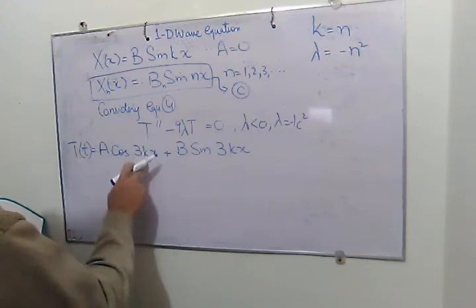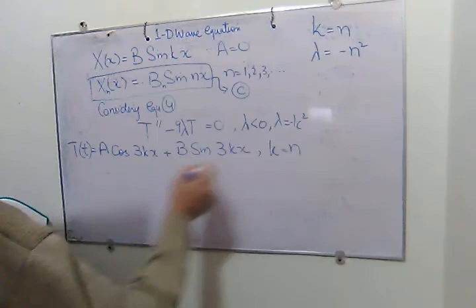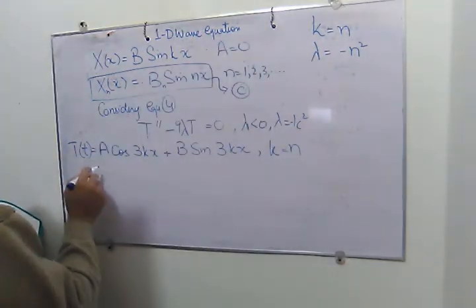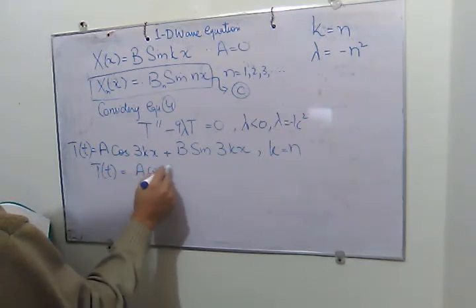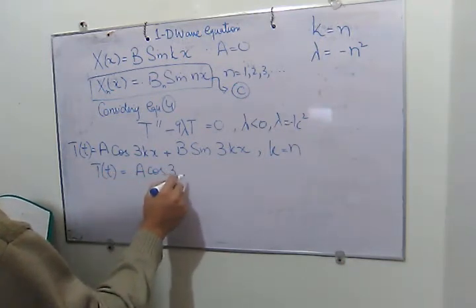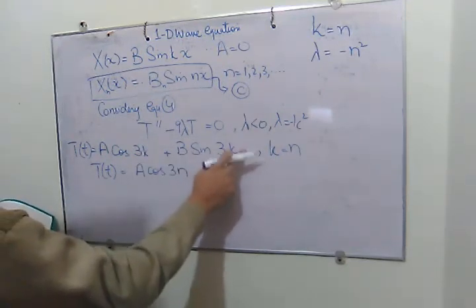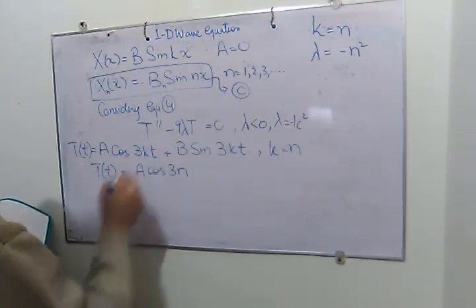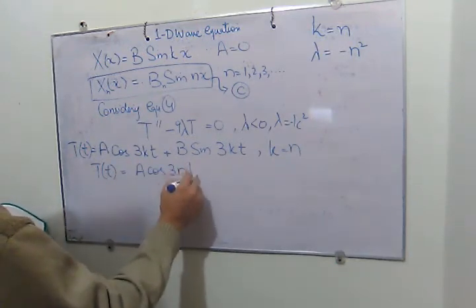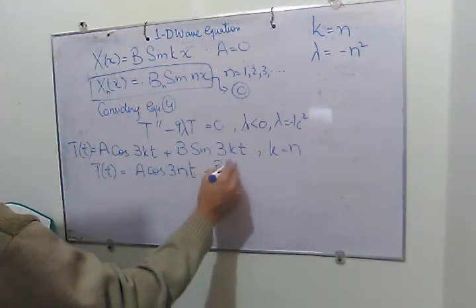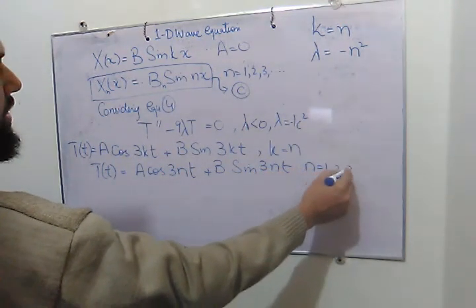And as we know that k can be replaced by n, since we have already known, so we can write this equation as a cos, sorry, this is not x, this is t, 3kt and 3kt here. So we have a cos 3nt plus b sine 3nt, where n is equal to 1, 2, 3 and so on.